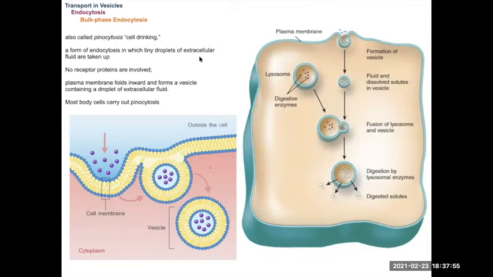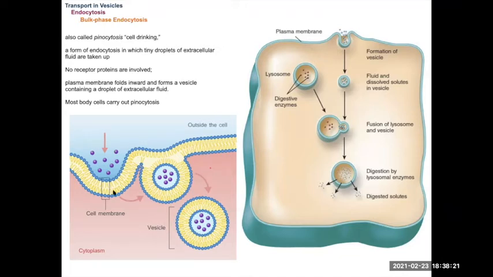And then pinocytosis is referred to as cell drinking, because again, you're just going to have the plasma membrane folding inward. It's going to form a vesicle, and whatever is around here is going to be brought into the cell like this. So this will be the extracellular fluid and whatever dissolved solutes are in it. They're going to be brought into the cell in this fashion, rather than through the lipid bilayer or through channels.